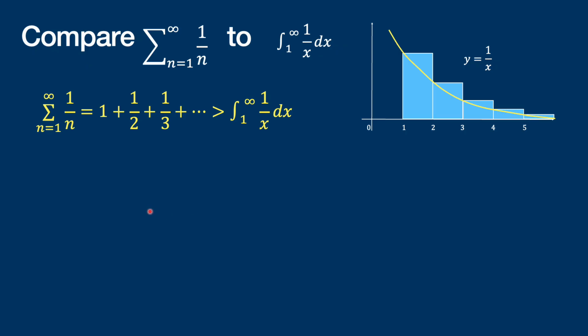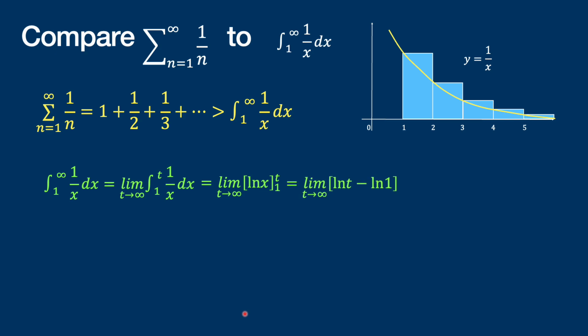First, I want to evaluate the improper integral, guys. How can you evaluate the improper integral? Using the definition of improper integral, the limit as t approaches infinity of the integral from 1 to t of 1 over x dx. What is the antiderivative of 1 over x? It's going to be ln x. You plug in 1 and t, that's ln t minus ln 1. ln 1 is 0, and ln t approaches infinity as t approaches infinity.